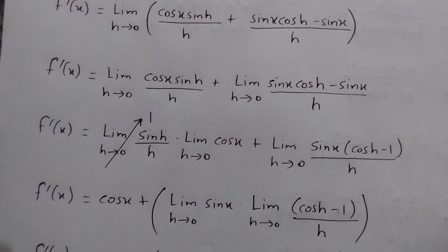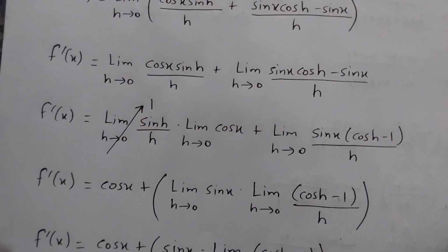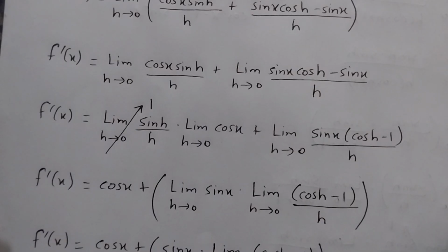So 1 into cos x will be cos x, plus we have the limit h approaches 0, and the same property which we used earlier will be used here again. We will separate the limit on sin x and cos h minus 1 over h. So this will become cos x plus limit of sin x, h approaching 0, into limit h approaches 0 of cos h minus 1 over h.